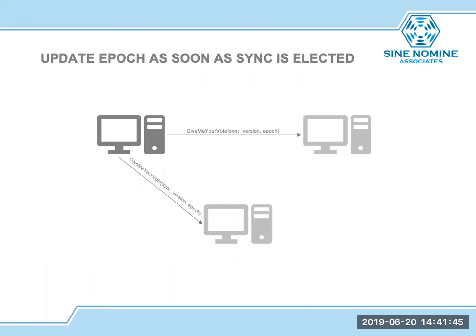The epoch represents the time when that Sine site was elected. The remote site uses this epoch to check if it has any write transaction with a different epoch. If so, this means that the transaction was created by another Sine site in the past and must be aborted.